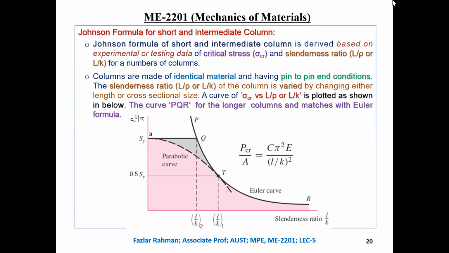So how do you know whether a column is short or long? Euler did not give that formula. You only look at the cross section and length of the column. You cannot determine whether it is a long column or a short column.